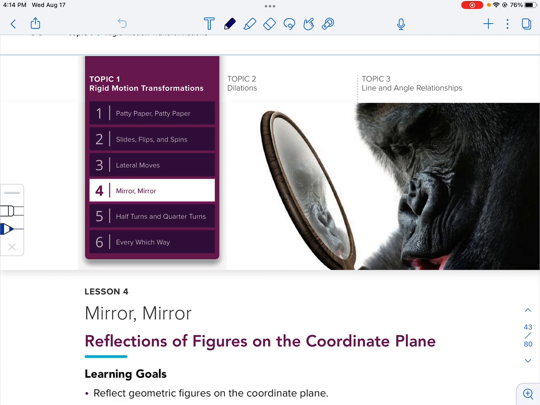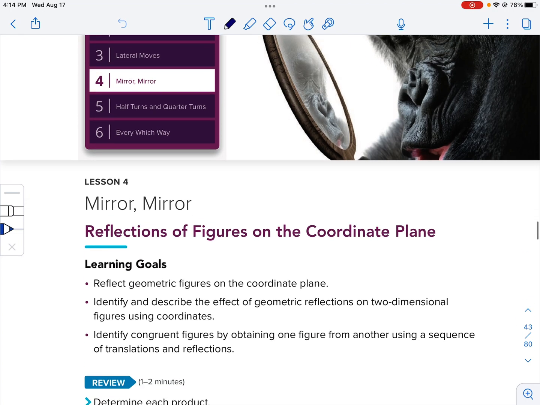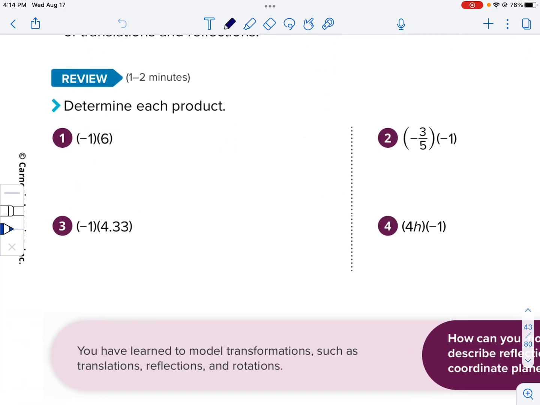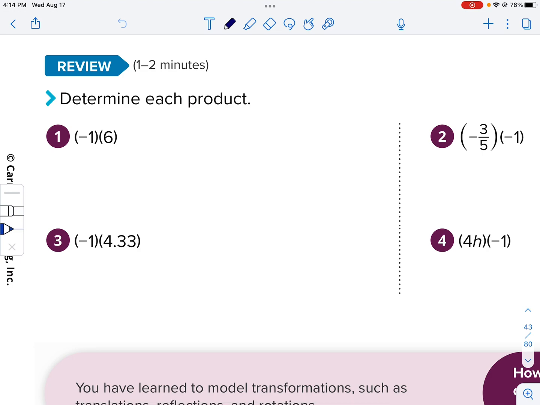Module 1, Topic 1, Lesson 4 is Mirror, Mirror, and it's reflections of figures on the coordinate plane. So, start off, we do the review. Negative times a positive is going to be a negative. 1 times 6 is 6, so my answer is negative 6.